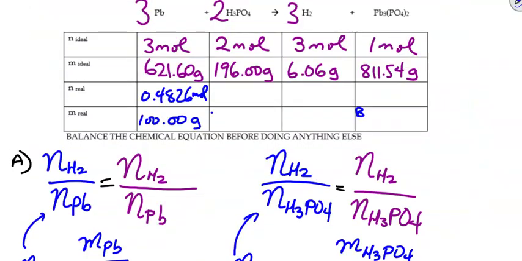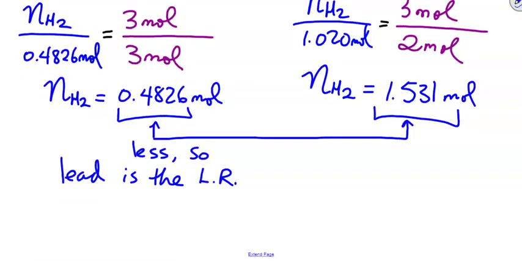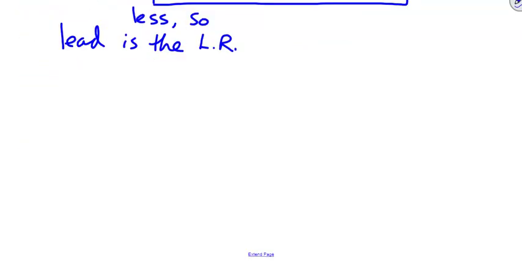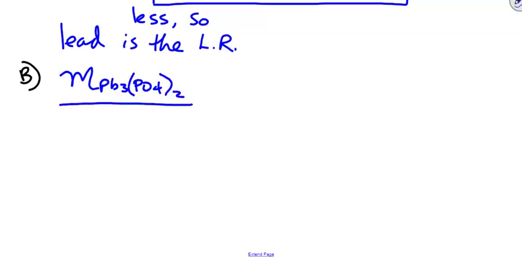Question B. Again, we put our target up in the corner. That's our lead-2-phosphate. We have to use lead here because it's going to run out. If you used phosphoric acid or one of the other products, that'd be incorrect.